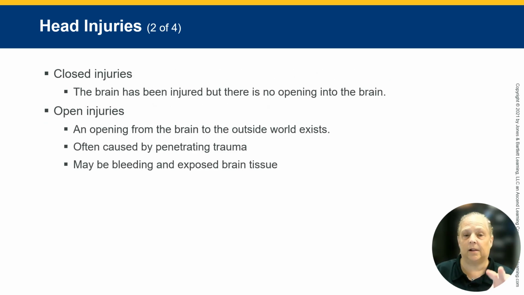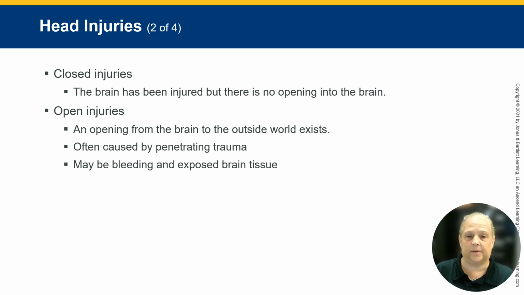When we talk about closed injury, just like when we talk about closed injuries anywhere else in the body, there is no opening to the brain. The skin is still intact, okay? Open injuries, we're going to have an area where we're actually having visible brain matter or fractures in the skull that are allowing the outside to get into the brain.